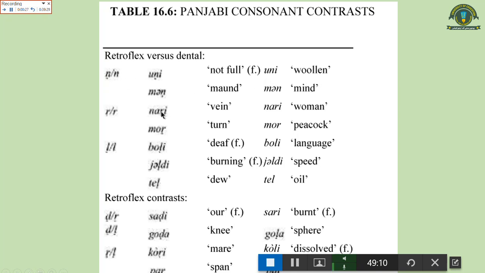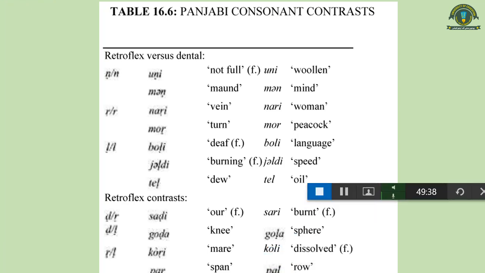And then there are these sounds. So it is like nari, or it's like nari. So now this one is more, and this is more, like peacock. So these contrasts or minimal pairs are given to show that these two are different sounds in the Punjabi language.